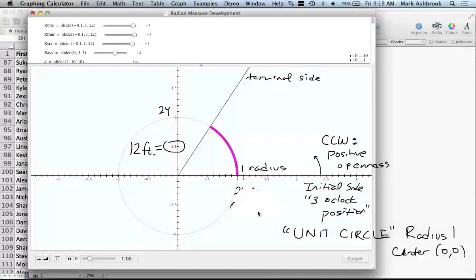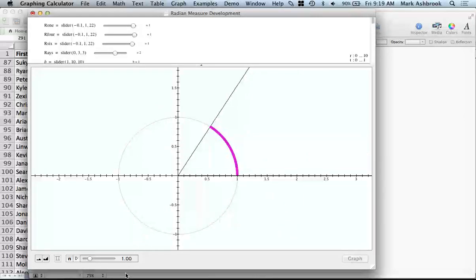Okay, so here I'm marking off whole numbers of radius lengths. So that's one radius length, or an openness of 1 radian, right? There's 2 radius lengths, 2 radians.